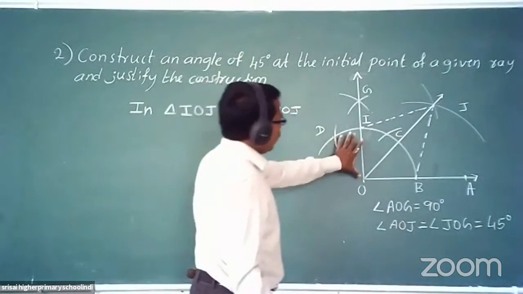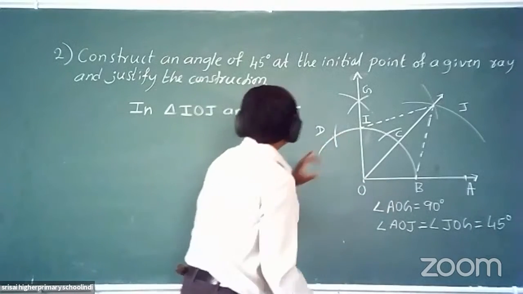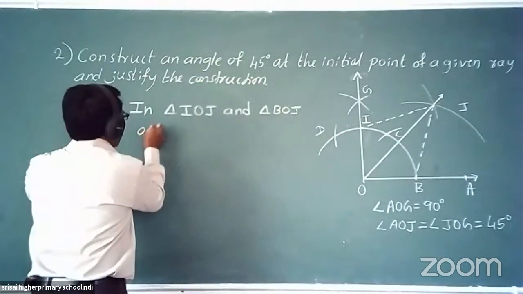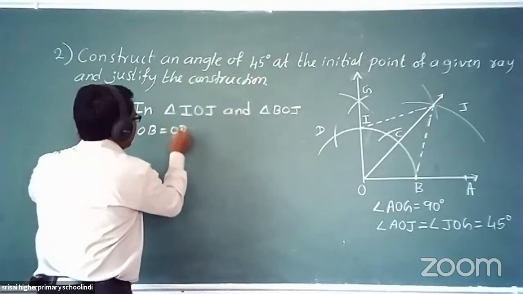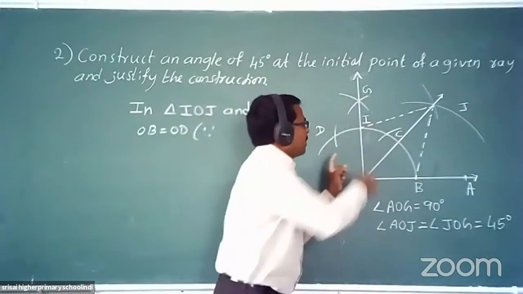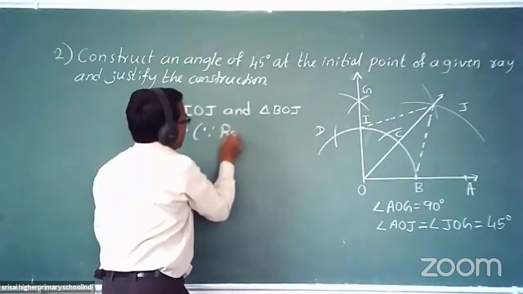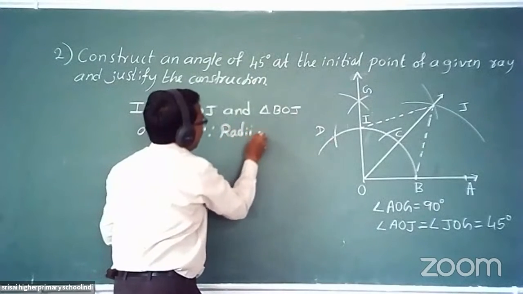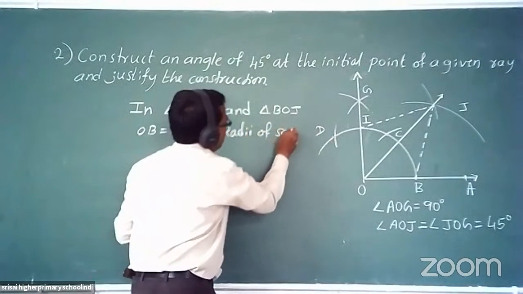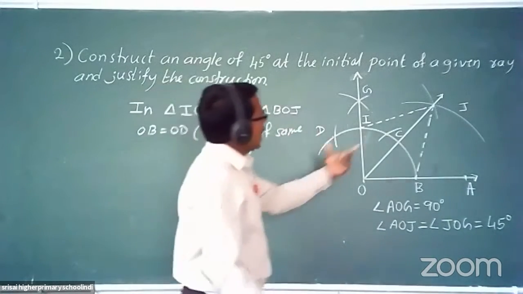Tell me. OB equal to OI. Why are OB and OI equal? Because these are radii of the same arc.